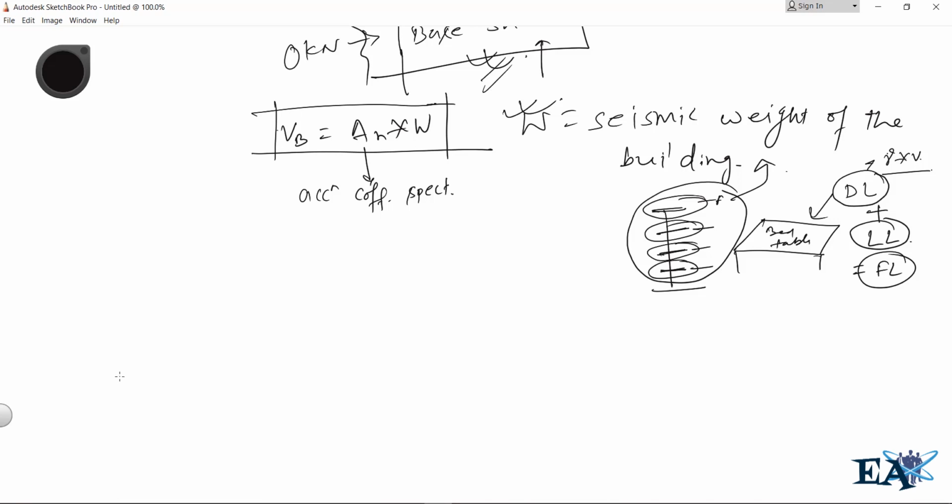On masonry buildings it acts differently, and on RCC buildings it acts differently. We have to take all these things, the location and the type of the building, into account while calculating the base shear. These are all given by AH. Now let us see how we can calculate AH.